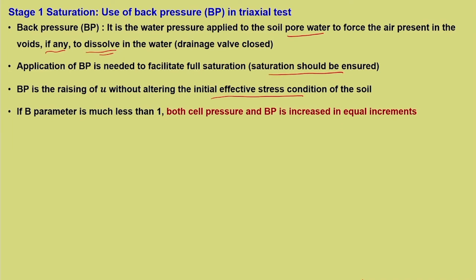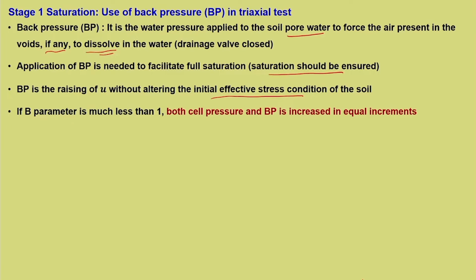Just before discussing this, in the lectures we had on pore water pressure, we discussed the A and B parameters. There, we specifically told that the B parameter is used for assessing soil saturation. So, that application will come here. If the B parameter is less than 1, so you check the B parameter. What do you do for checking the B parameter?